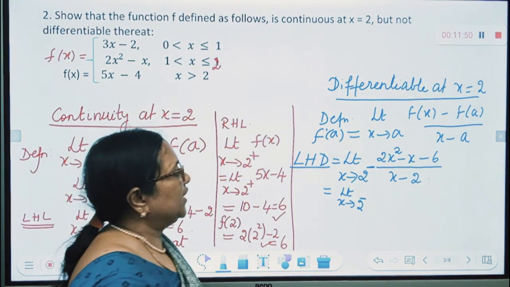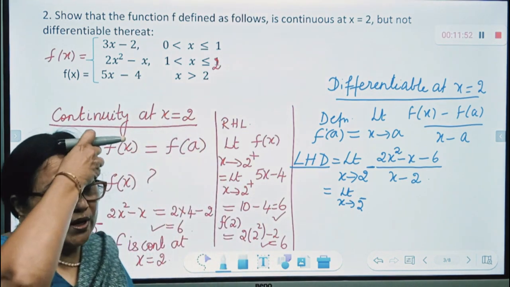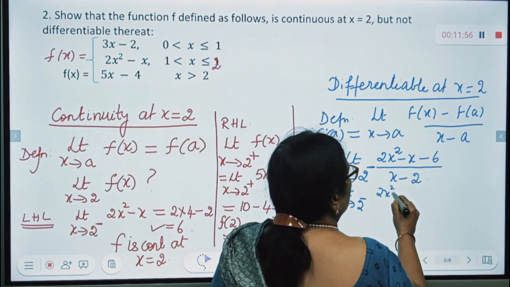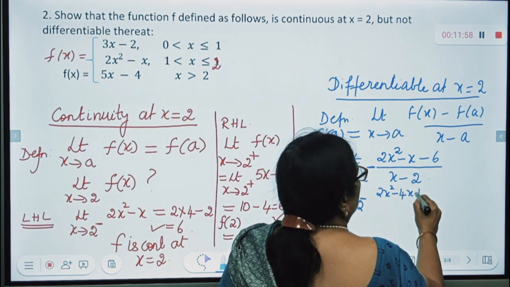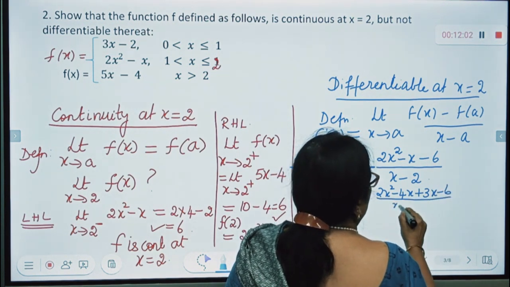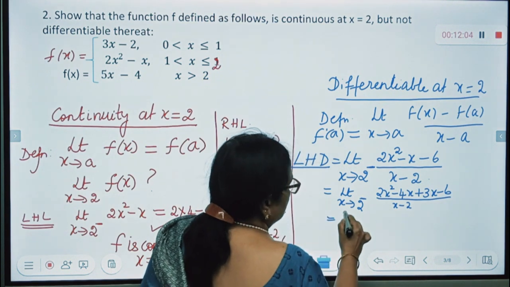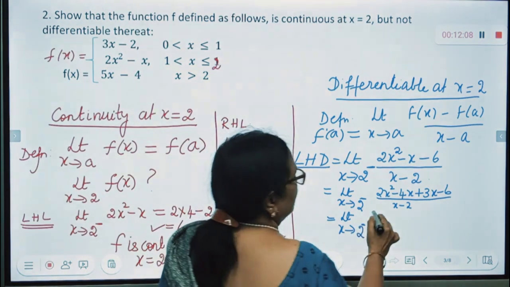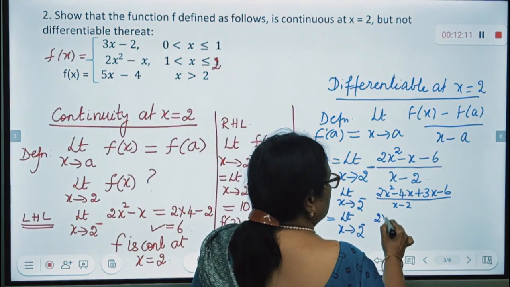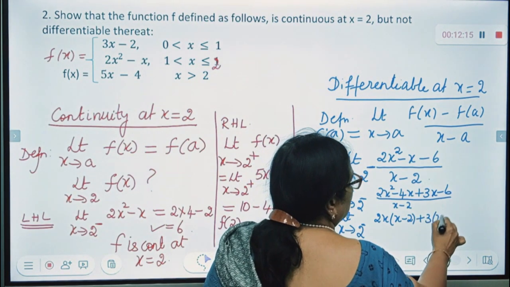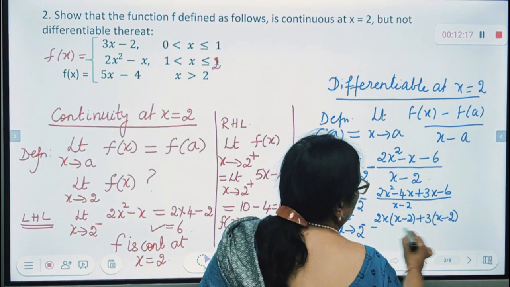So I have to split the middle term, is it not? I should get 12. So this will be 2x square minus 4x plus 3x minus 6 by x minus 2. Taking 2x common, I will get x minus 2 plus 3 into x minus 2, by x minus 2.